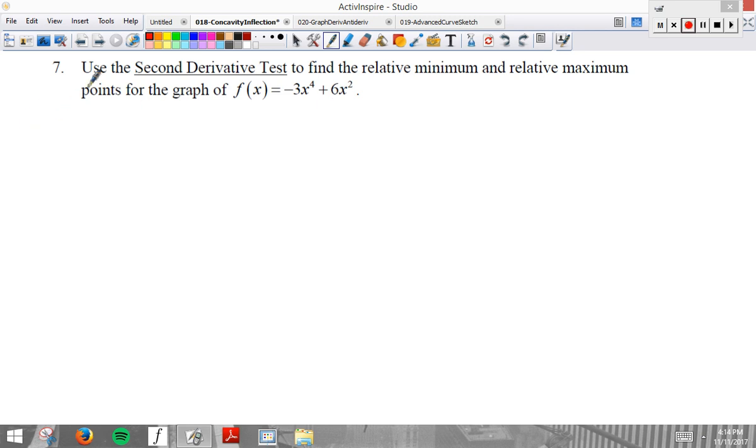However, since we're being asked to use the second derivative test, we will start by taking the first derivative, and it really needs to be this simple for you to take this derivative at this point. We need to find the critical numbers, which are the values of x that would make f prime of x equal to 0.